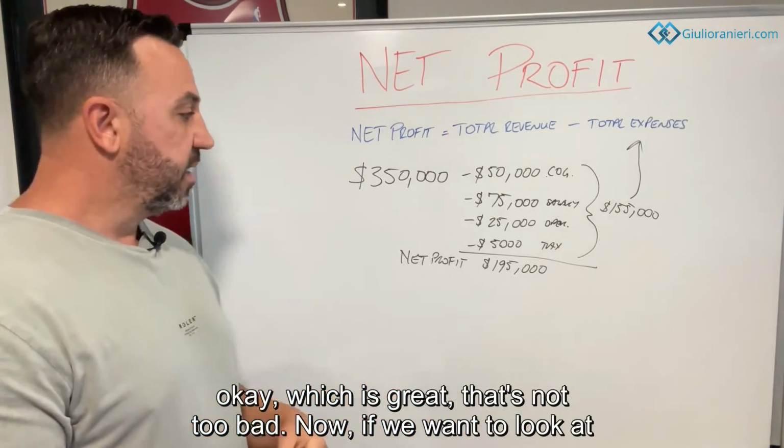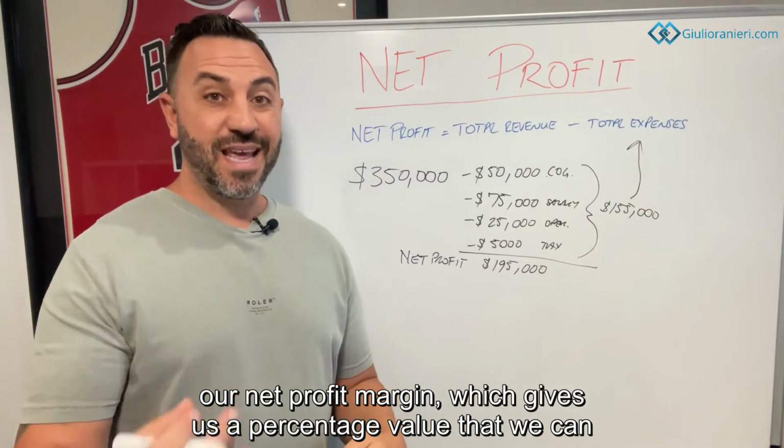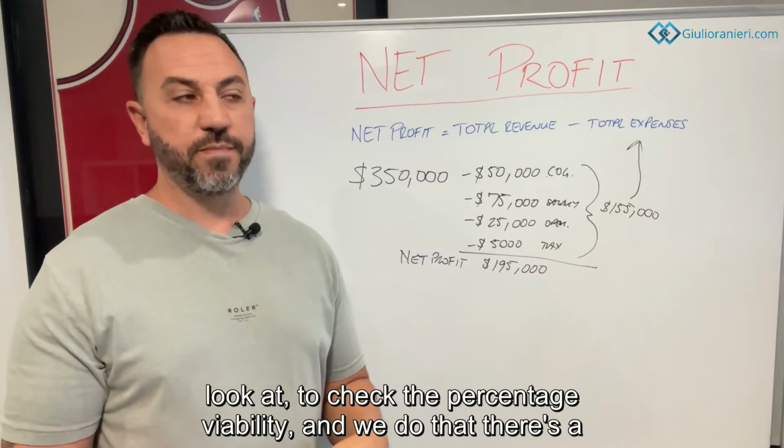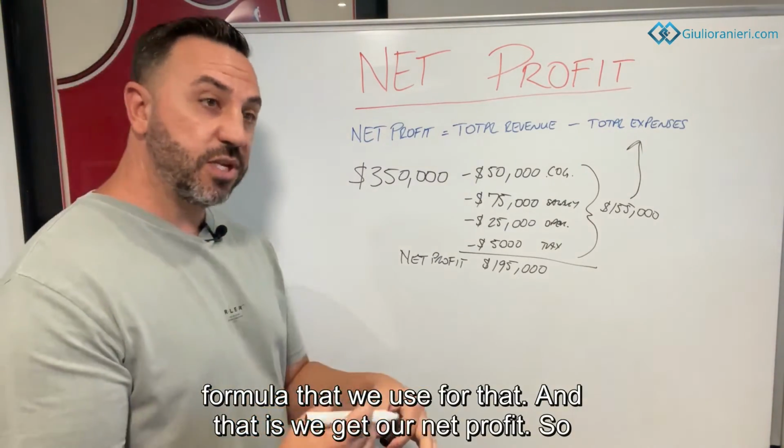That's not too bad. Now, if we want to look at our net profit margin, which gives us a percentage value that we can look at to check the viability, there's a formula that we use for that.